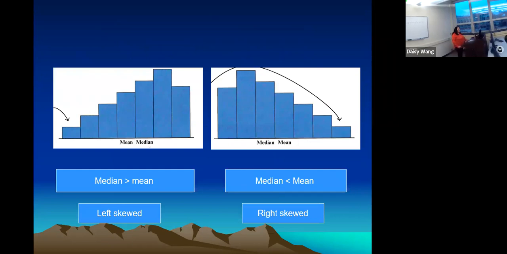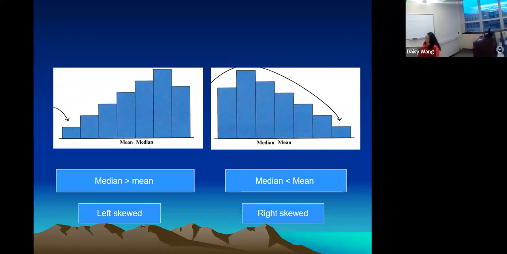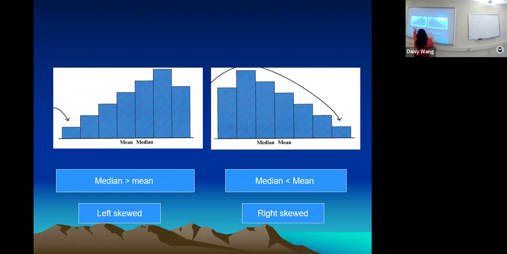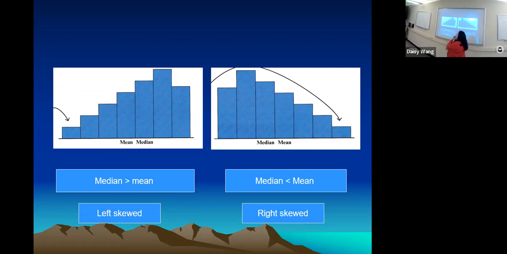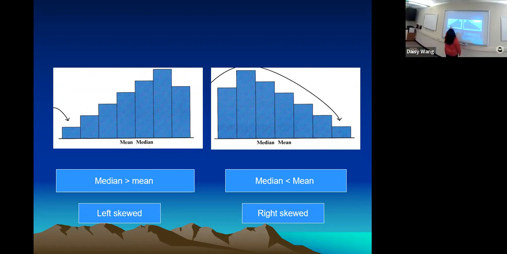But if the median is greater than the mean, it's because we have a lot of data here, and some numbers with very low values at the end, but a majority of people are here.